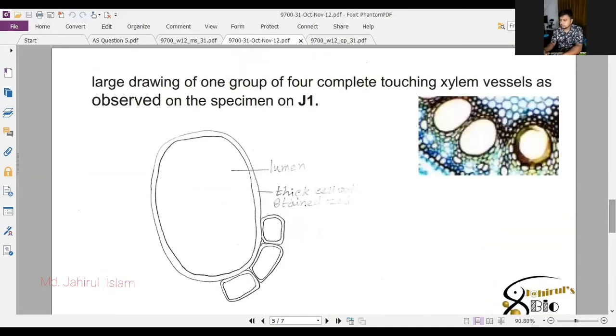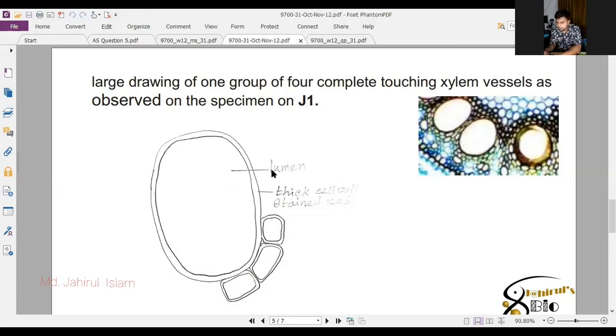So you see I have drawn the cell, with these two lines. This is the picture of the detailed drawing.